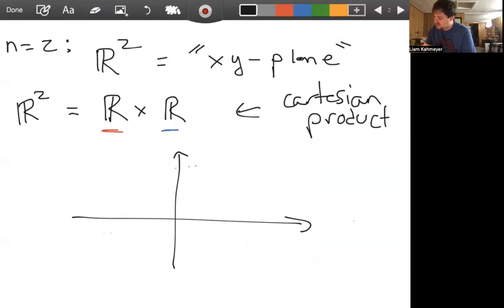Sometimes we'll see, or maybe let's do x1, x2 here, where you have points x1, x2.